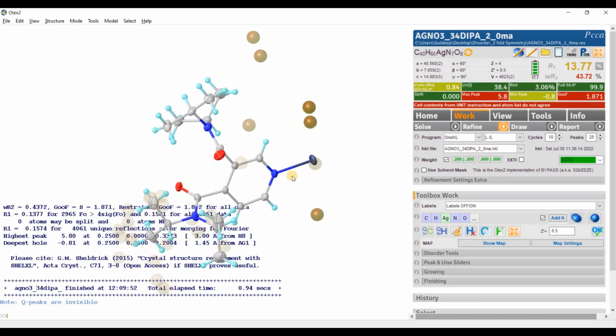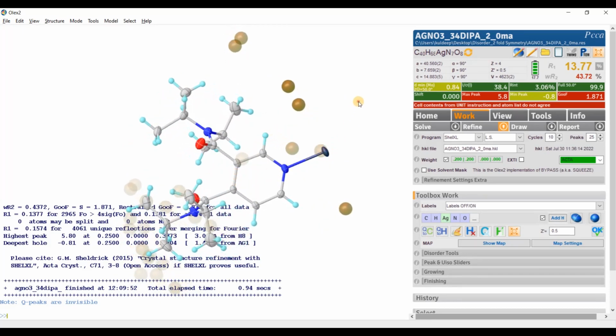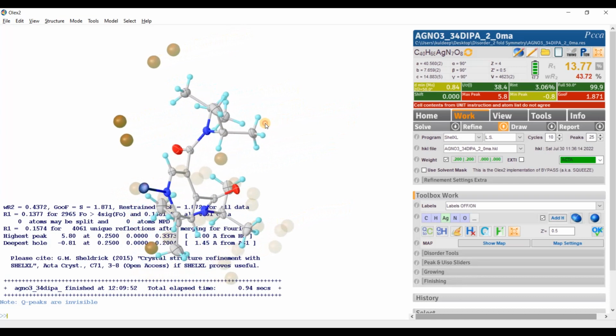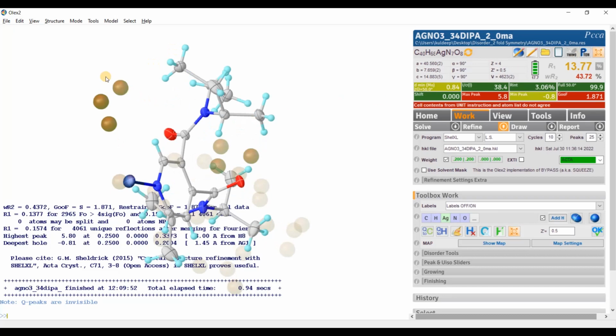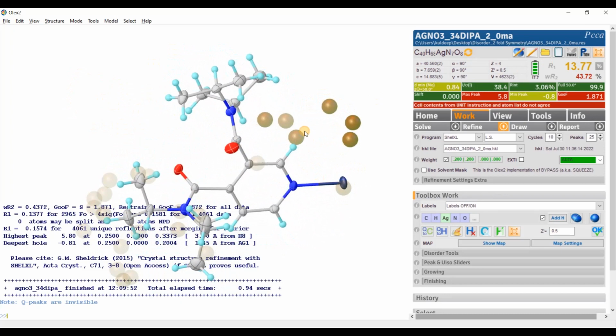Since it is a silver(I) complex and the ligand is neutral, we are expecting a nitrate in the crystal lattice. For this, I am going to press this button and it will compact the structure. Now you can see there are certain Q peaks which are quite higher than the others.